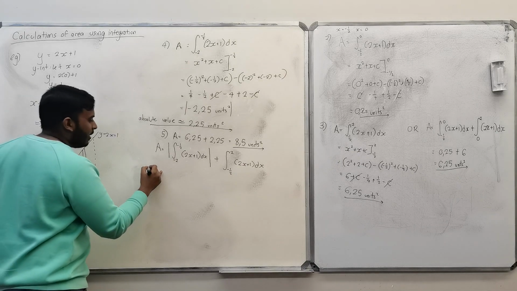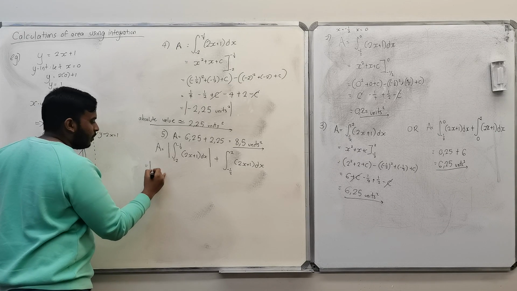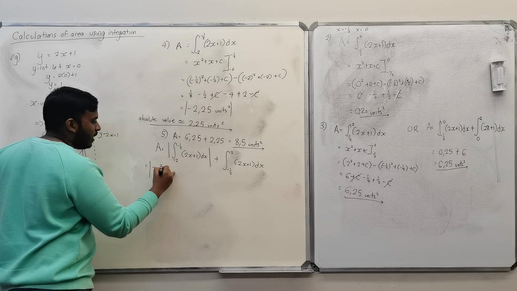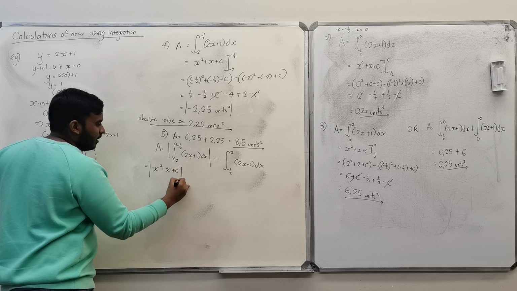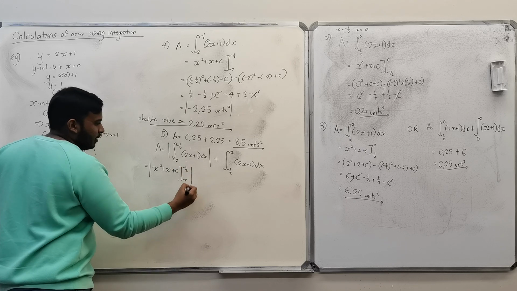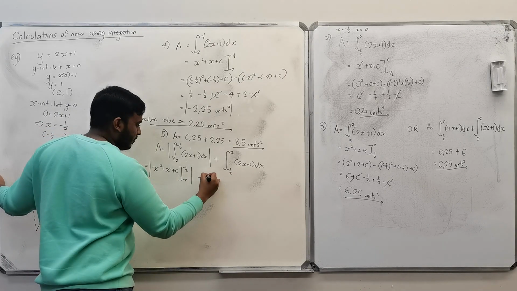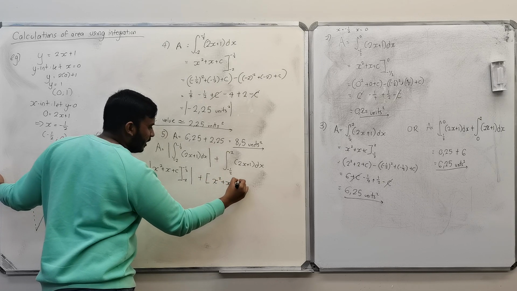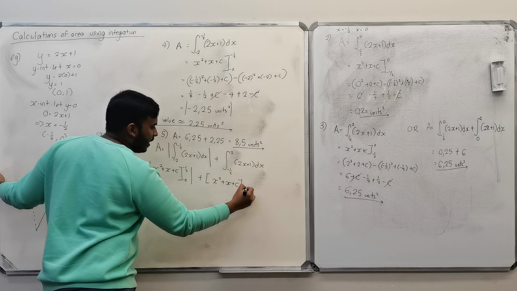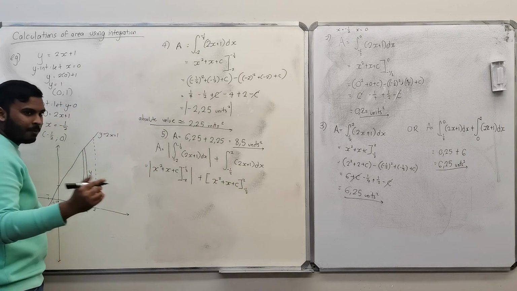So this here will become the absolute value of x squared plus x plus c from minus 2 to minus half, plus x squared plus x plus c from minus half to 2, right?